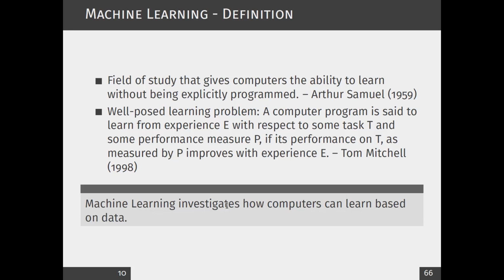So performance measure P. And it says if the performance on task T as measured by P improves with experience E, that means, in other words, if you keep on increasing the data you have, then it will improve the accuracy as well. So make a note of this, it is very, very important. In simple terms, machine learning investigates how computers can learn based on data.